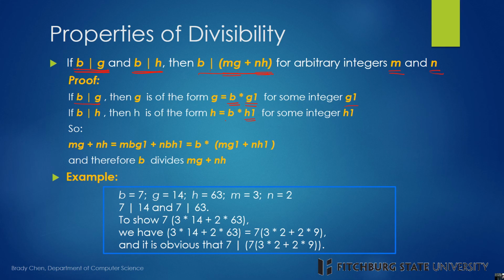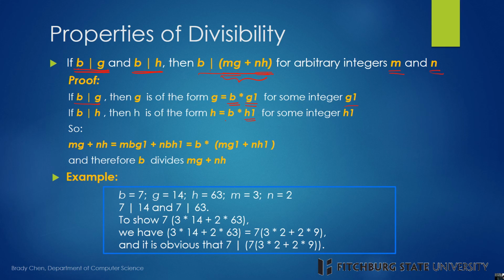Now, how can I prove that B divides mg plus nh? Again, based on the definition, we need to write mg plus nh as the multiplication of B and another number, right?